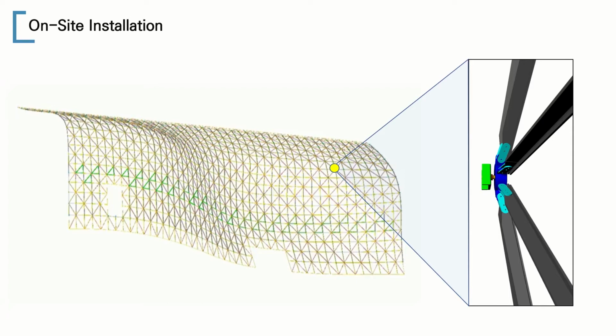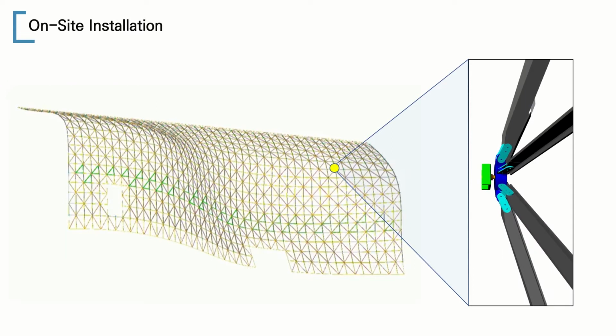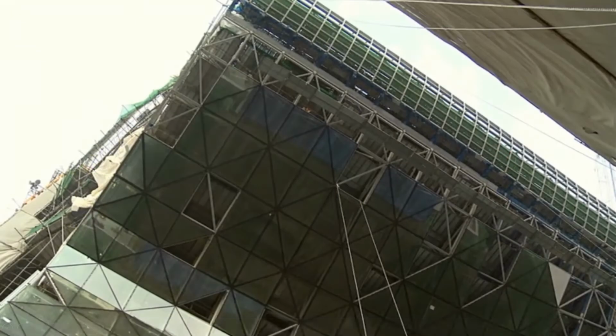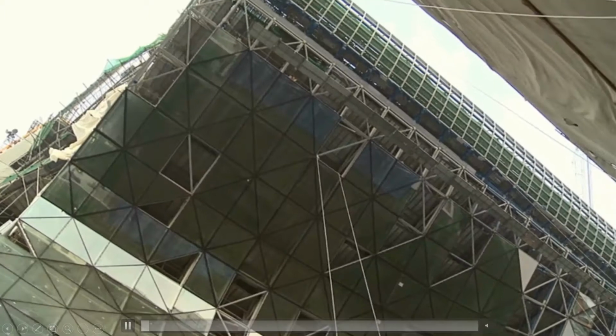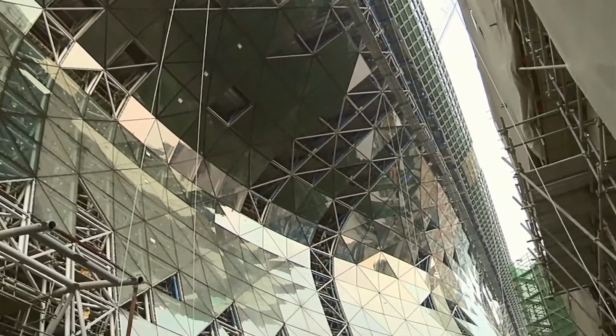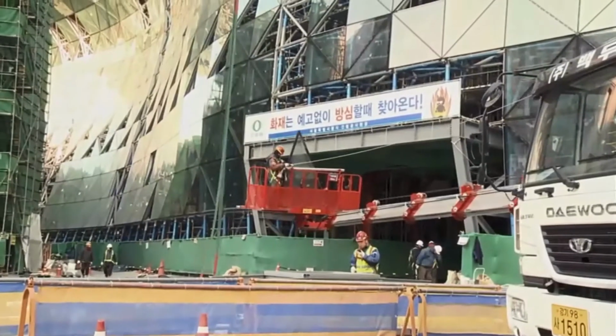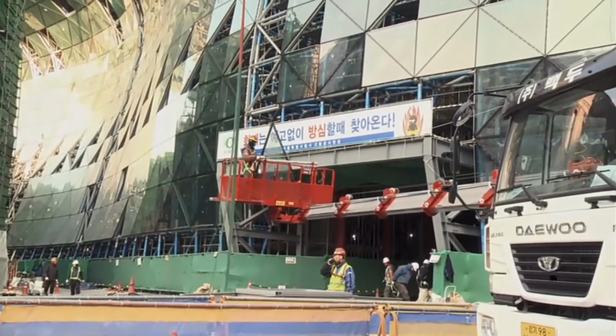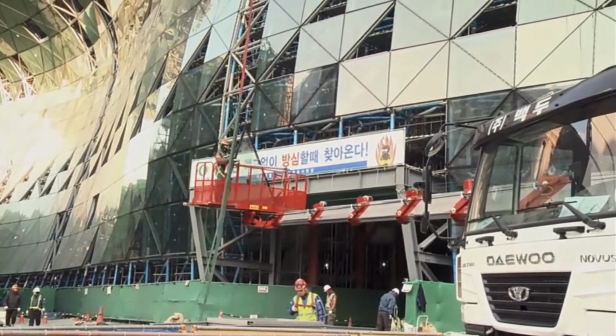After the end of this process, factory-produced glass panels are transported to the site and inserted into the frame. In this process, the sky and winch are used to lift the glass to the desired location.